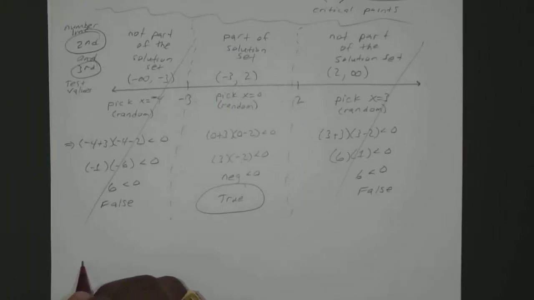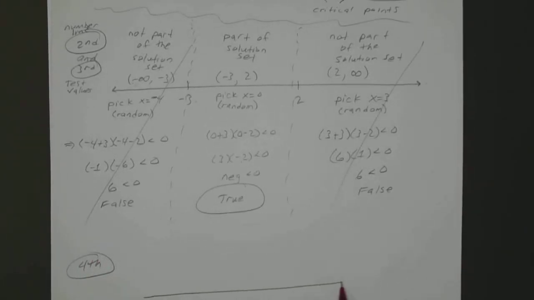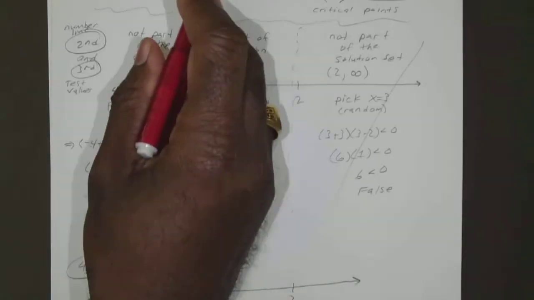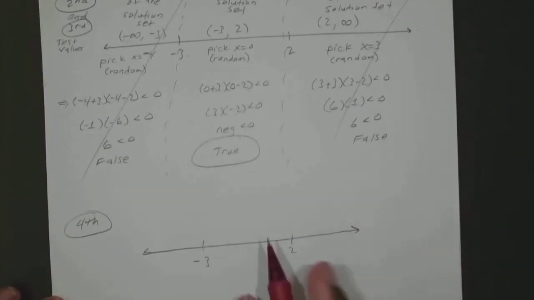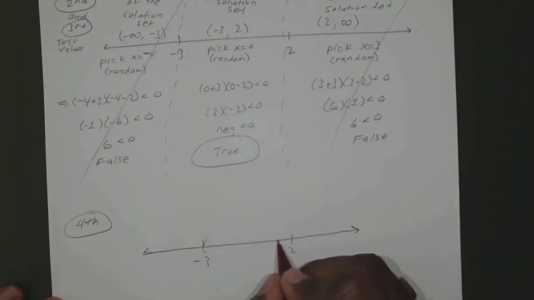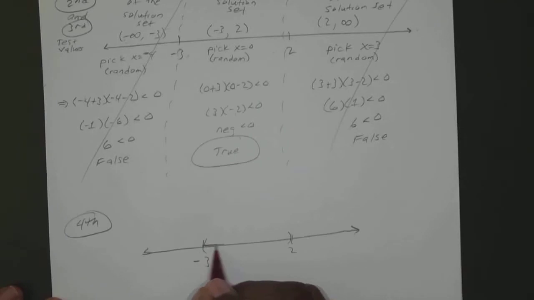Okay, so we go for our 4th step, which you don't have to graph, but to kind of give it a visual. So from -3 to 2, and since we have a less than, we're going to use parentheses. So between -3 and 2, any value in there would be true for your original inequality.